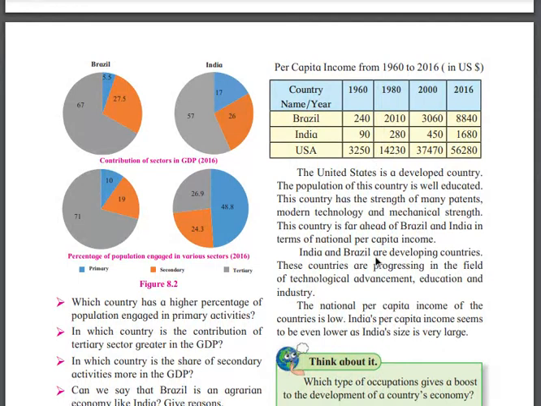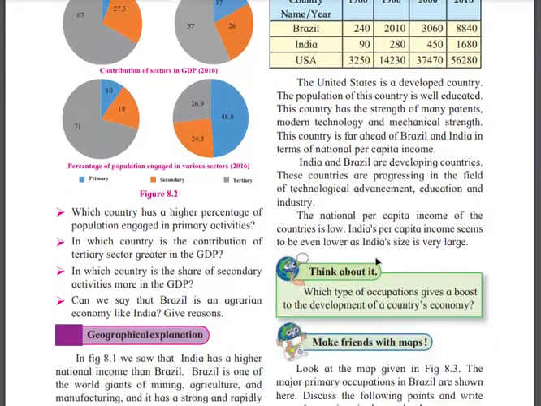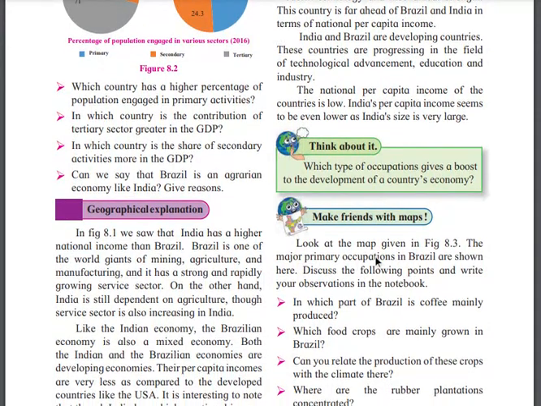If you see India, primary activities are 17%, and tertiary activities are more in India. In Brazil, tertiary activities obviously are more. Secondary is very less. Okay.